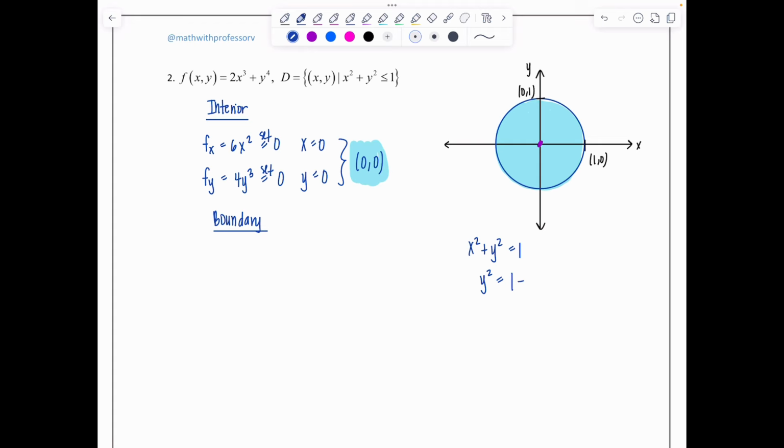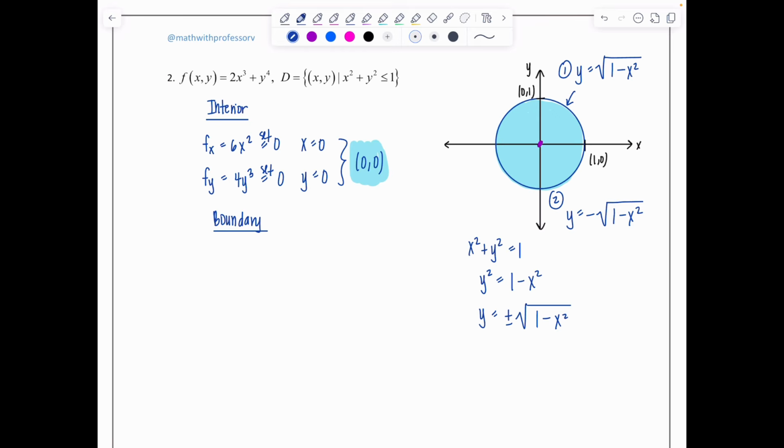So y squared equals 1 minus x squared, which means y equals plus or minus square root of 1 minus x squared. So technically, I have two curves that bound this region. Boundary number 1 is y equals positive square root of 1 minus x squared. And boundary number 2 is y equals negative square root of 1 minus x squared.